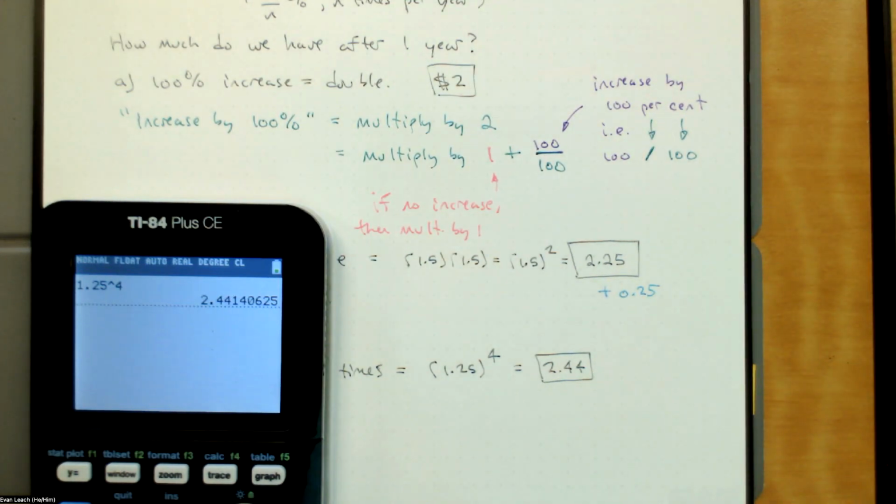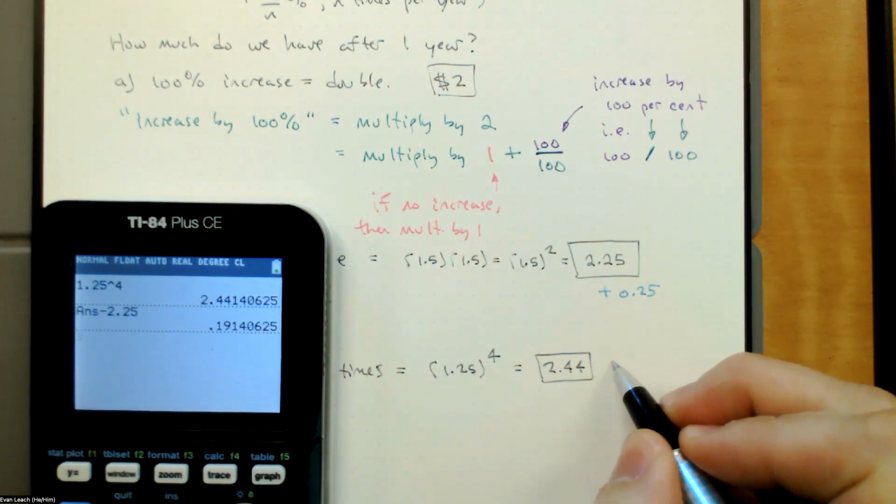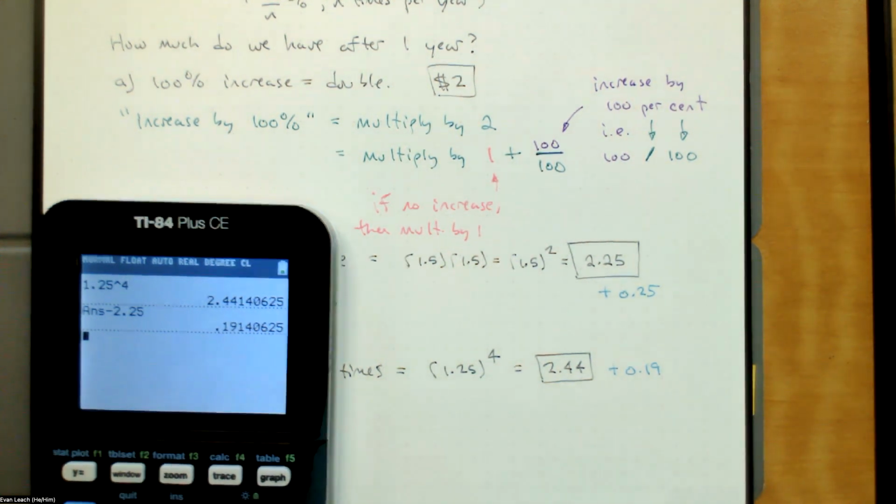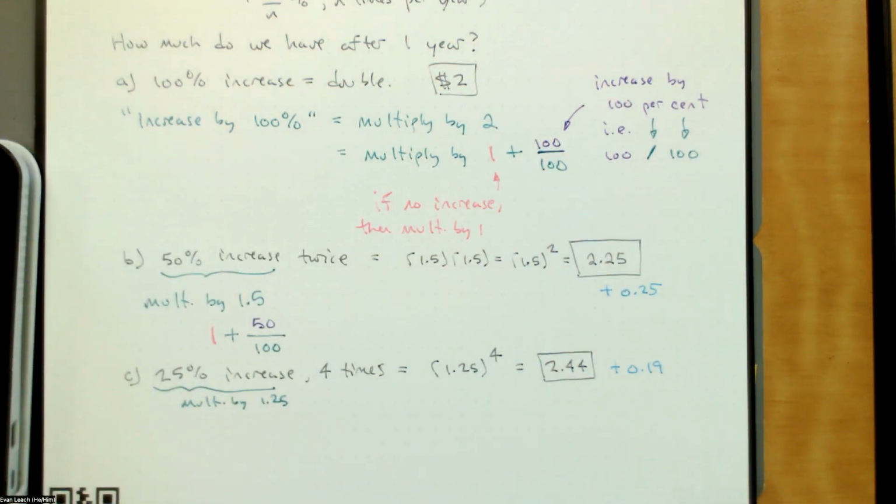So it is an increase, but the amount of increase is less. If I subtract the 2.25 that we had before, we get an increase of just 19 cents. And then we'll do one more.